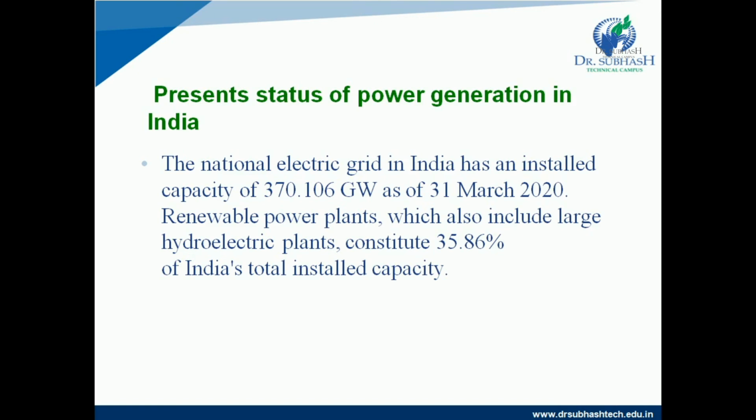Renewable power plants, which also include the large hydroelectric plants, constitute 35.86% of India's total installed capacity. So this is the current scenario of power generation in India.